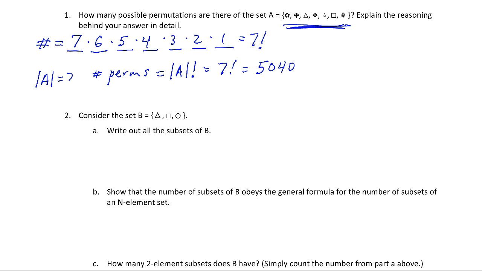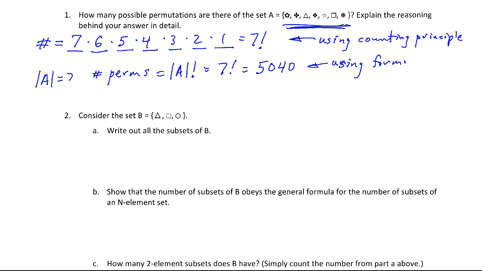Okay, so there's a detailed explanation using the counting principle, and this is the calculation simply using the formula for the number of permutations. Okay, hope that one's clear, and I'll move on to the next example.